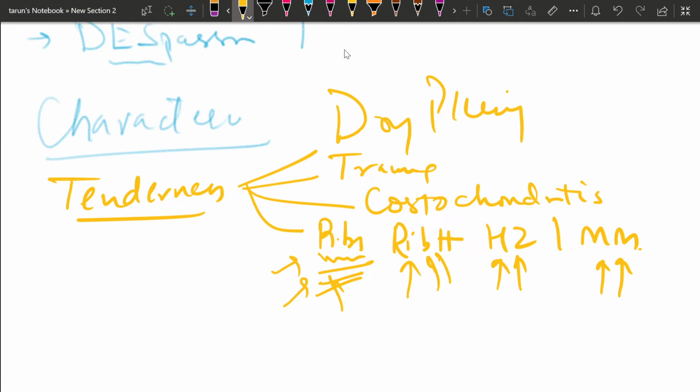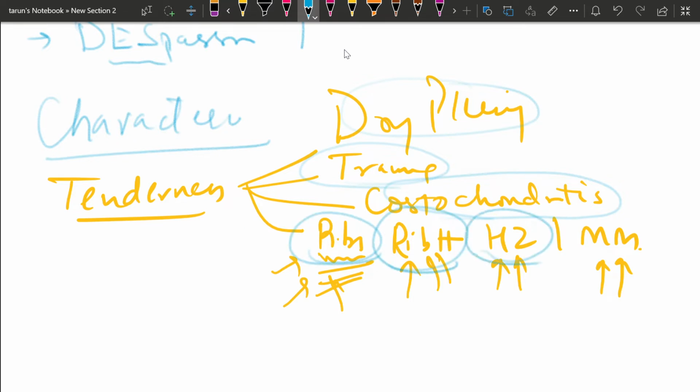If you are getting a patient with chest pain and you are finding tenderness over the chest, you should be thinking about dry pleurisy, trauma, costochondritis, malignant deposits on the ribs, rib fracture, herpes zoster of the chest, and multiple myeloma. So these things you have to keep in your mind when you are getting chest pain and tenderness.